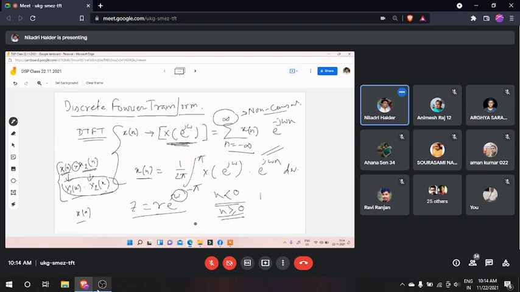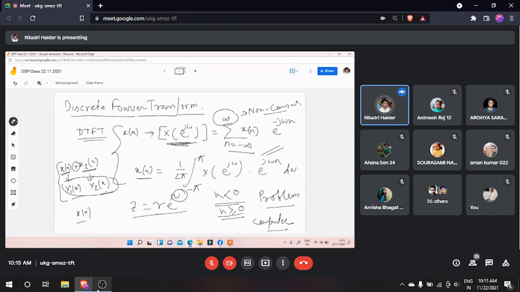But the problem is that whenever you are doing the Fourier transform or any digital transformation, you are using your computer or any digital processor.